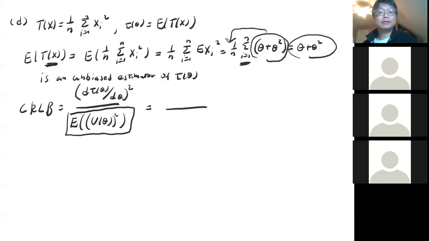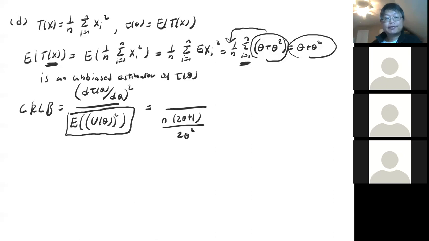So that means you do have that in A or B. Let me go back to A or B to see which one is what I'm looking for. I think in A, eventually you're deriving your denominator. I think it's n times 2 theta plus 1, divided by 2 theta squared.